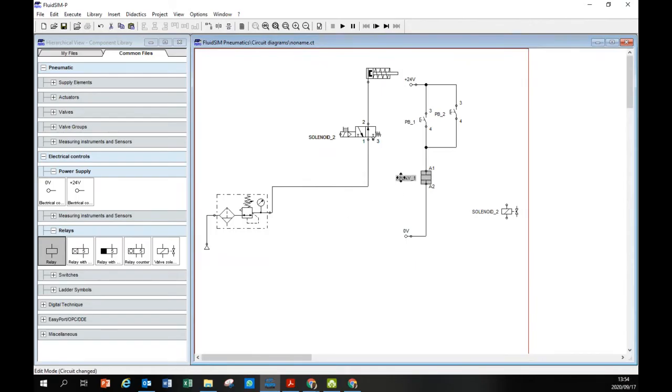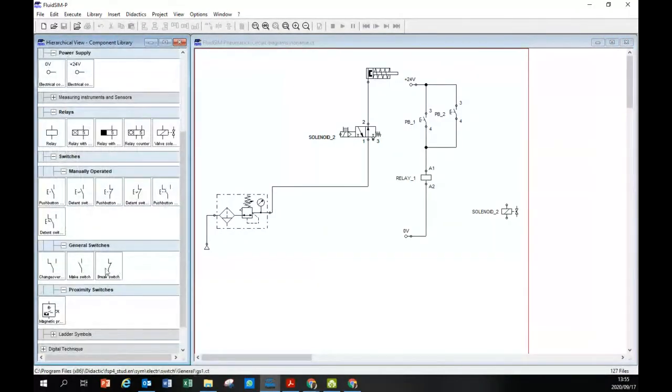You see? Relay 1. Okay? And then the relay 1, how is it going to switch on there? It's going to switch on with a switch called a changeover switch. Connect there.